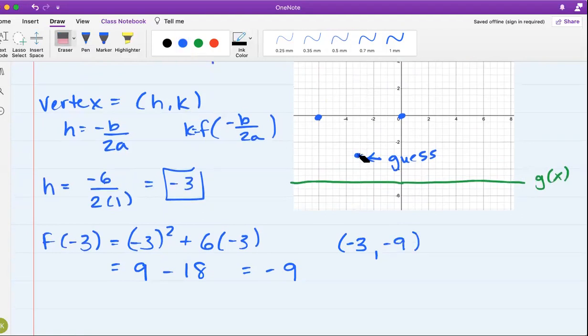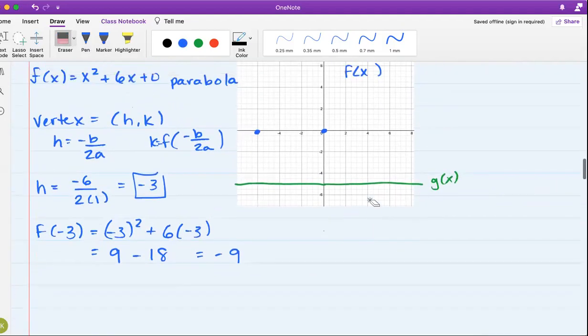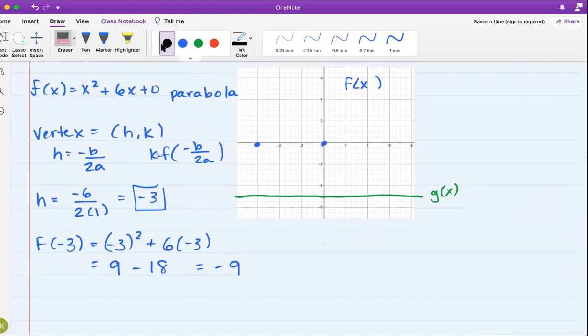Now you can see that this guess was incorrect. It's actually at (-3, -9), which is way down here. So let's see if we can zoom out a little bit. I'm going to continue this down here. So this would be -7, this is -8, and this is -9. And so the vertex will be right here at (-3, -9).